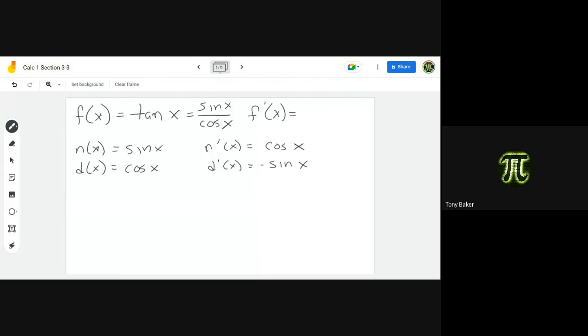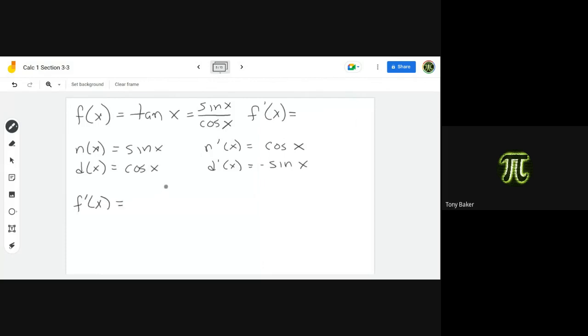All right, so let's look at what the quotient rule was. It's the derivative of the numerator times the denominator minus the derivative of the denominator times the numerator, over the denominator squared.